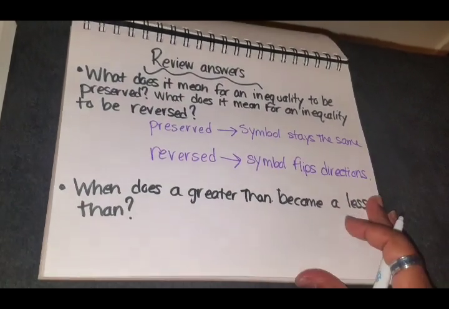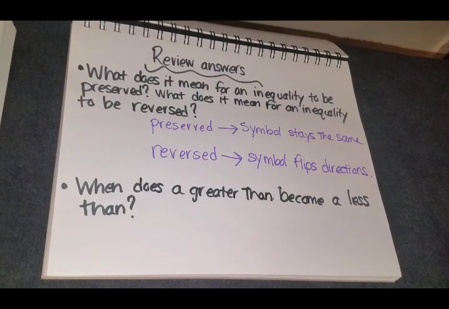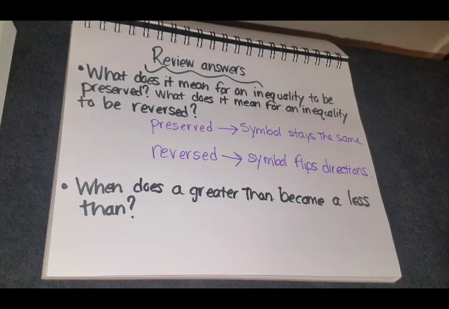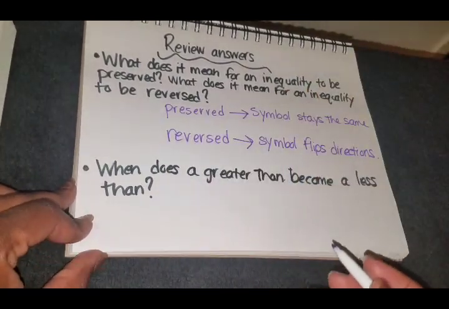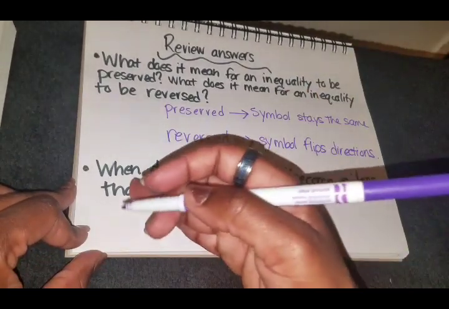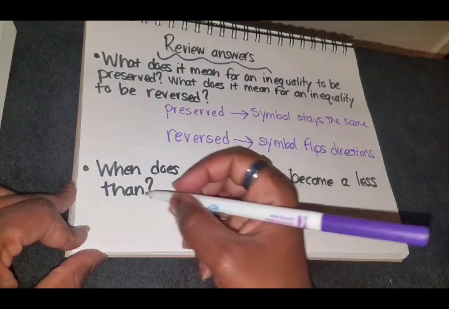All right. And when does a greater than become a less than, and vice versa? A symbol flips when we multiply or divide by something that's negative. Negatives are going to flip the signs of things. So we're going to answer this question, and you need to put this in your notes because this is very important. When does a greater than become a less than?